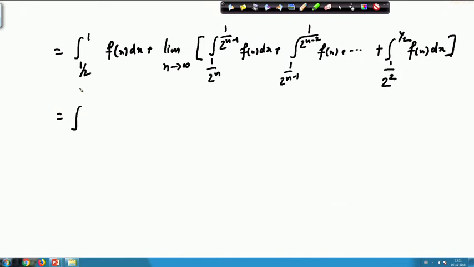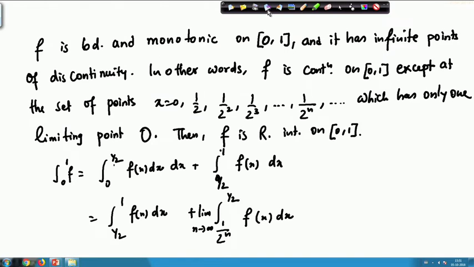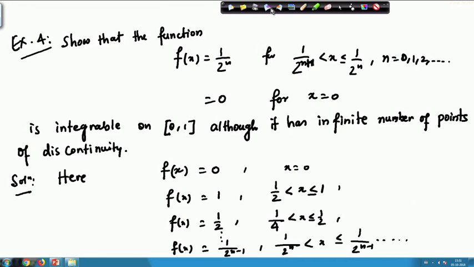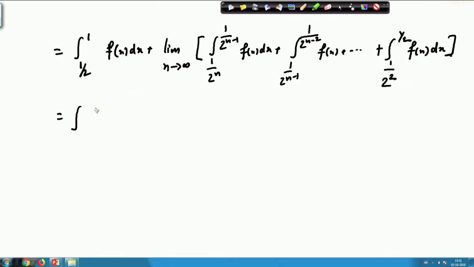Now from half to 1, what is the value of the function? From half to 1, the function is 1. Here we can write this whole thing the other way around.